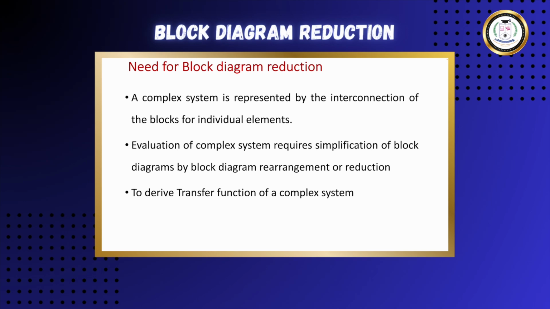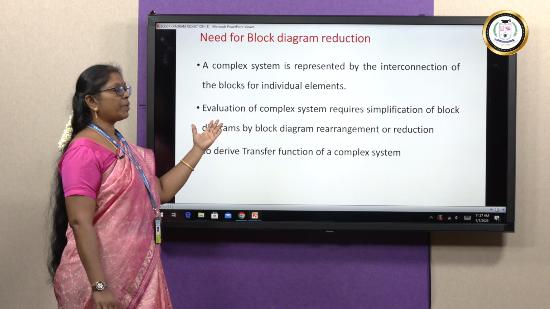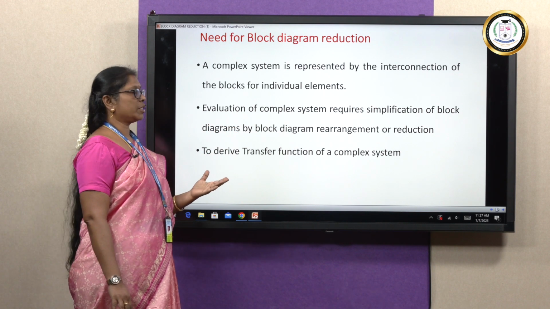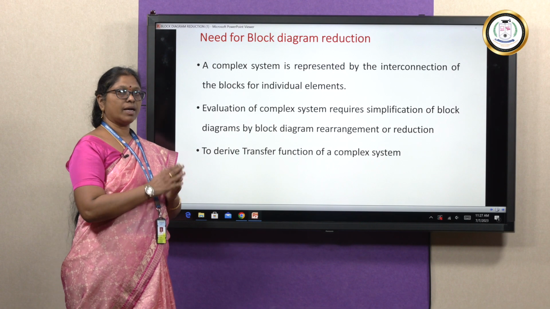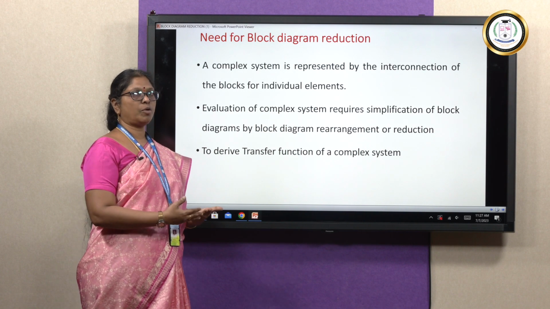So, why do we need block diagram reduction? A complex system is represented by interconnections of blocks for individual elements. The evaluation of a complex system requires simplification of the block diagram, by rearranging or reducing it.